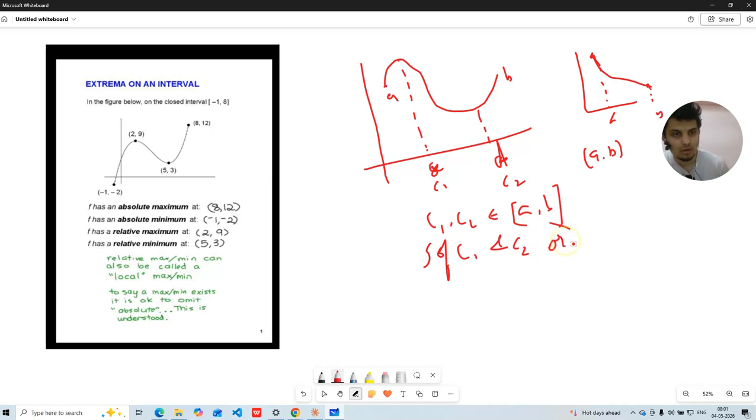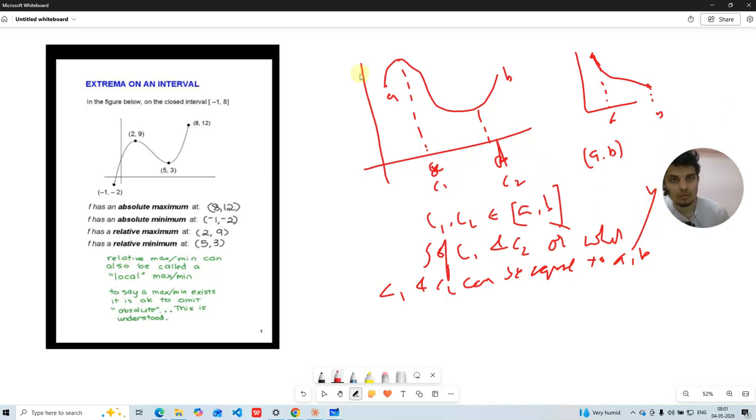So c1 and c2 can be equal to a or b, like we saw here, or where the slope is equal to 0. Here the slope is 0, here the slope is 0. So this is the extreme value theorem.